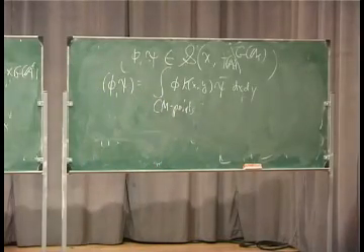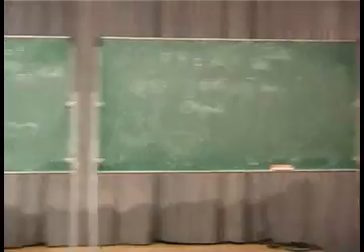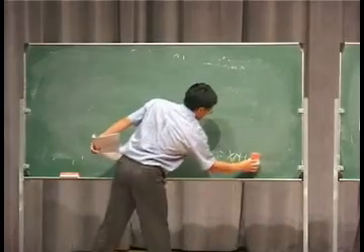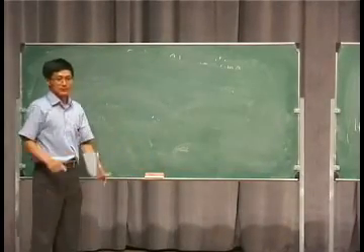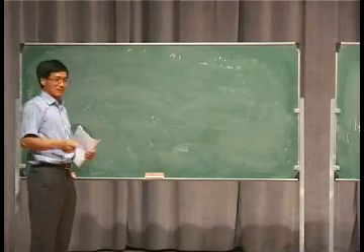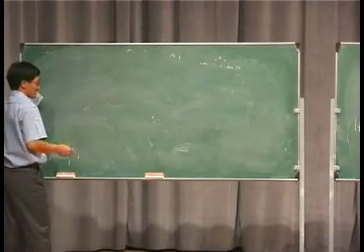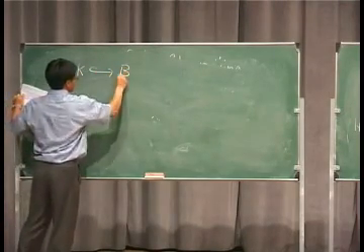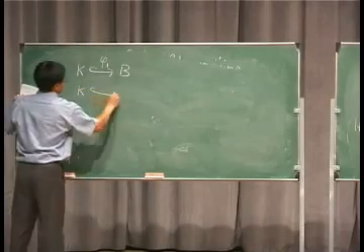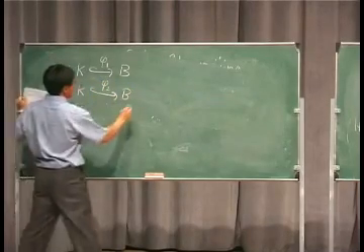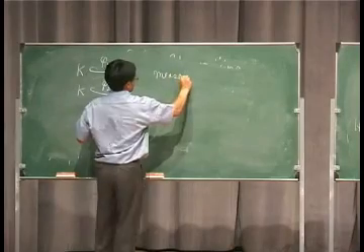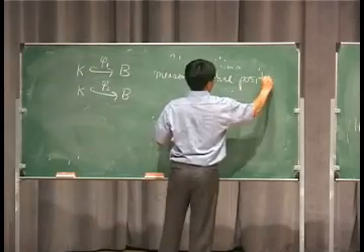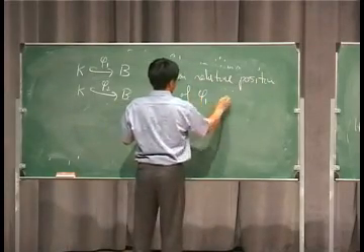Well, before I compute this thing, I need to understand the CM, how can I measure two different CM points? In the morning, I talked about if you have two embeddings, let's say phi 1 and phi 2, how can I measure the distance, the relative position of phi 1 and phi 2?